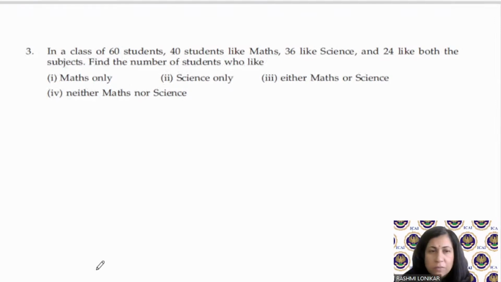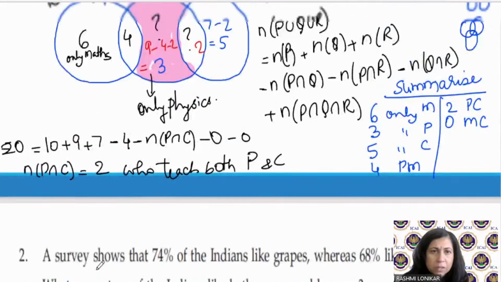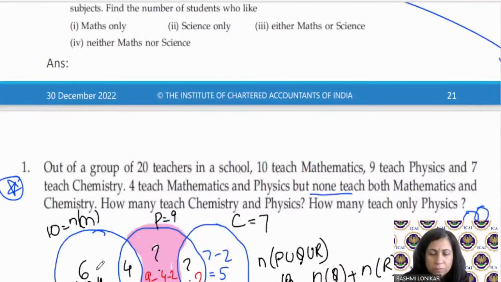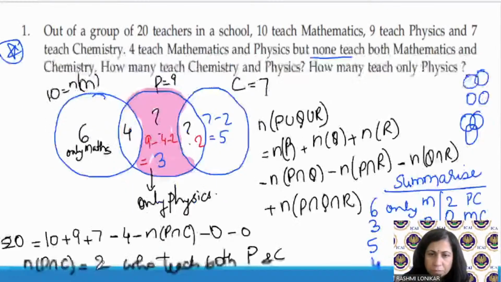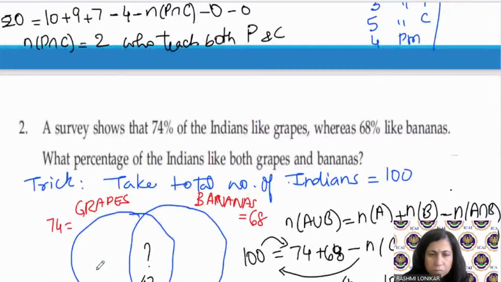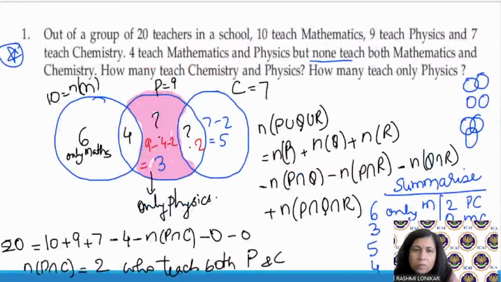Dhruv, in the earlier sum we found out without a Venn diagram, right?